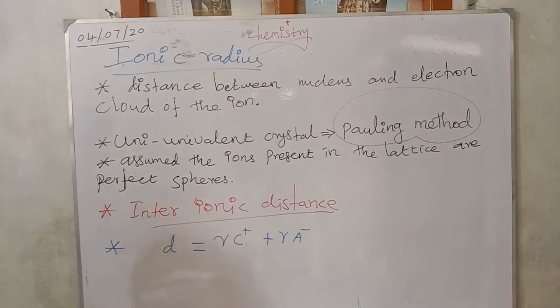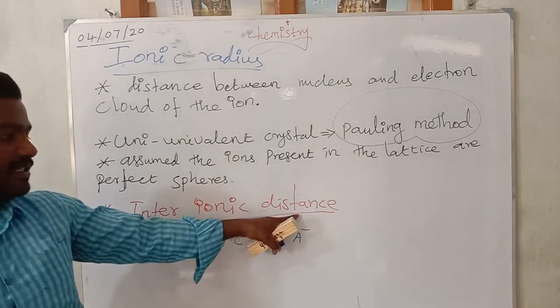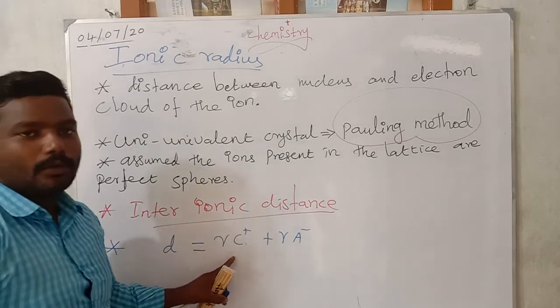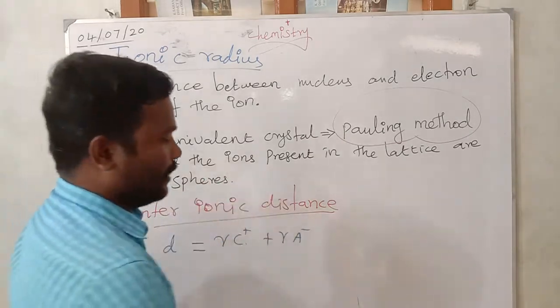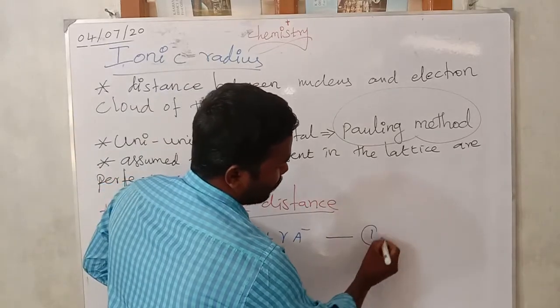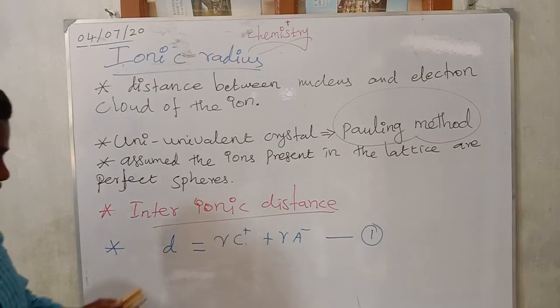What is the first formula according to the Pauling method? Interionic distance D is equal to the radius of cation plus the radius of anion. We can take it as our first equation.